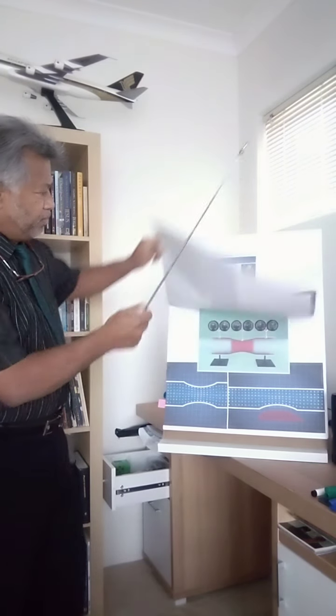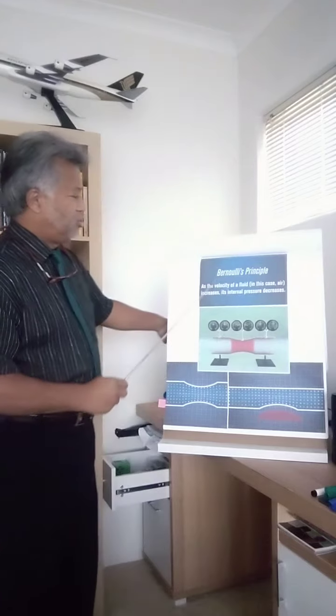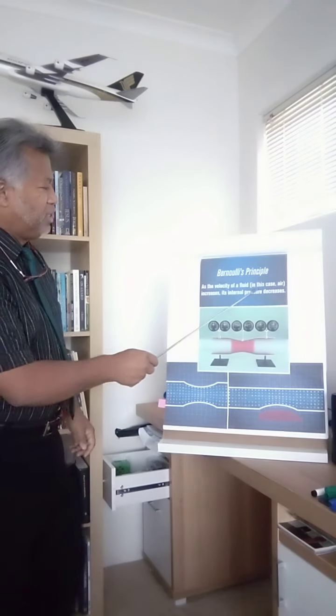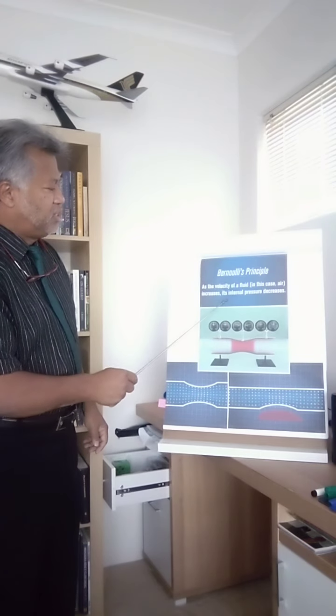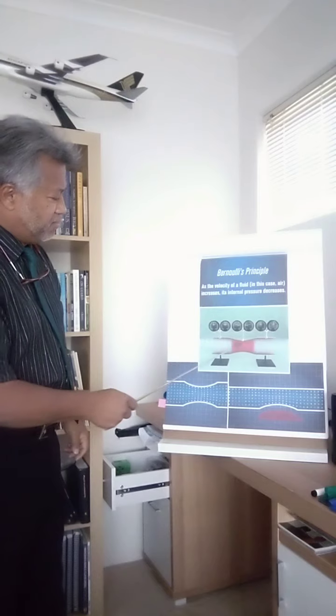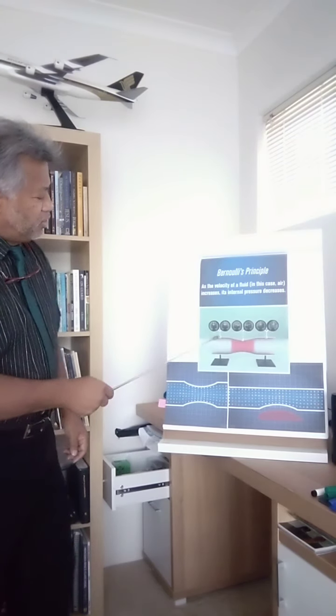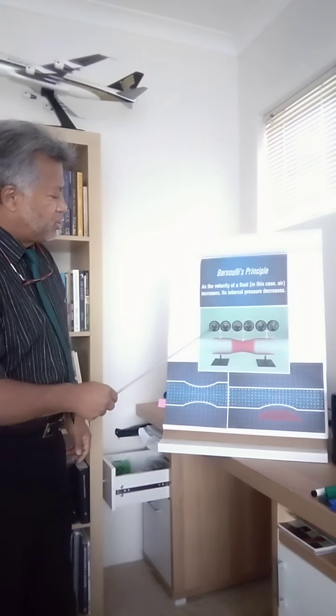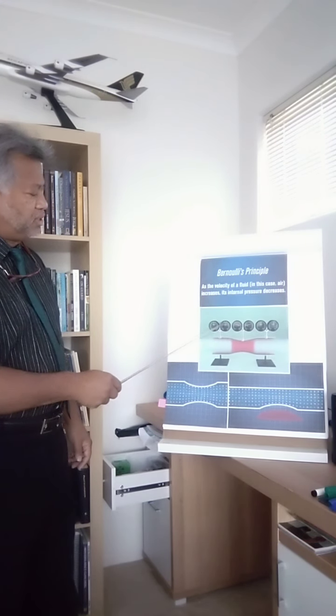So moving on quickly to Bernoulli's principle, it states that as the velocity of a fluid, in this case air, increases, its internal pressure decreases. That can be shown by this Venturi effect here. In the very beginning, at the entrance, we have a known, constant velocity and pressure.